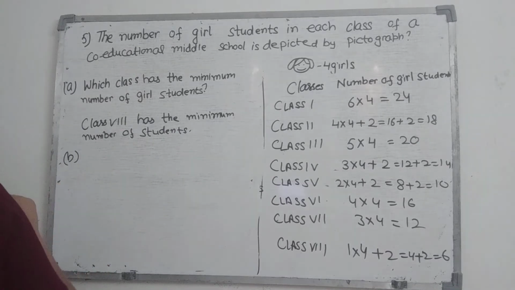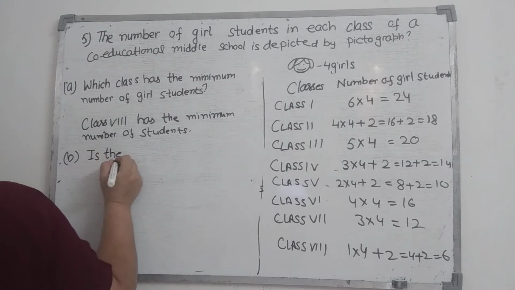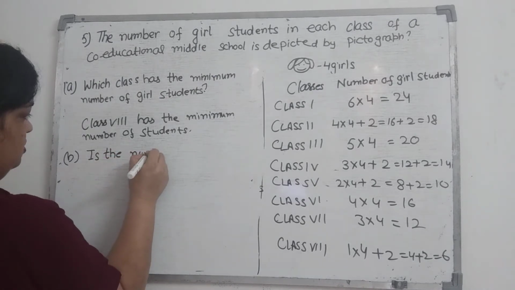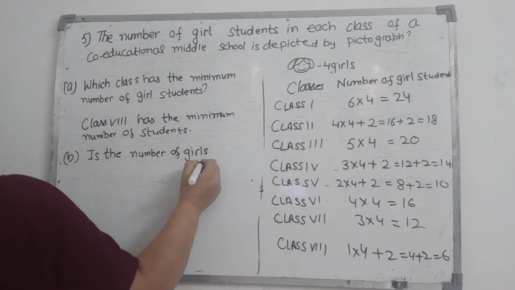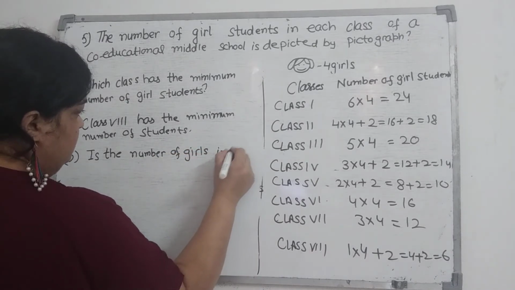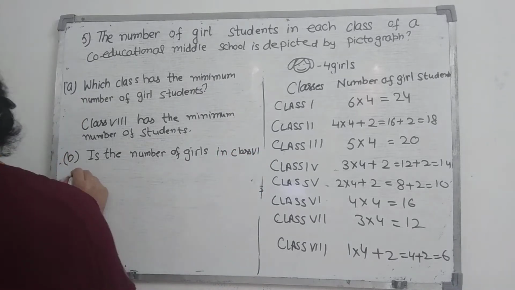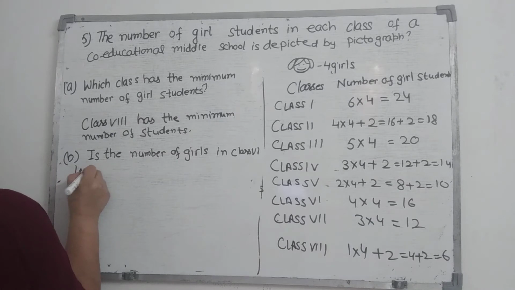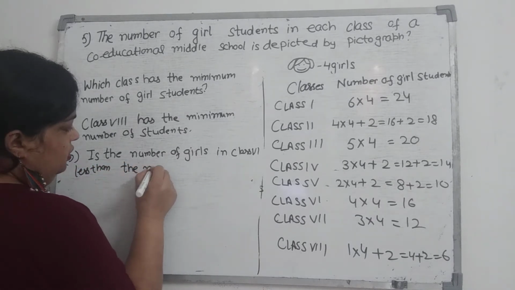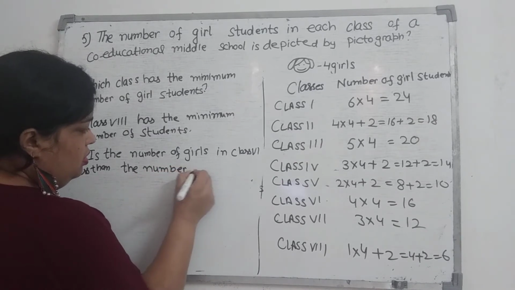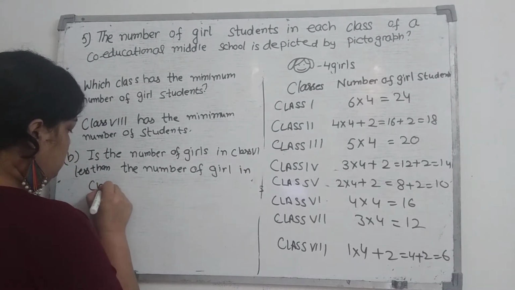And the second question says, is the number of girls in class 6 less than the number of girls in class 5?